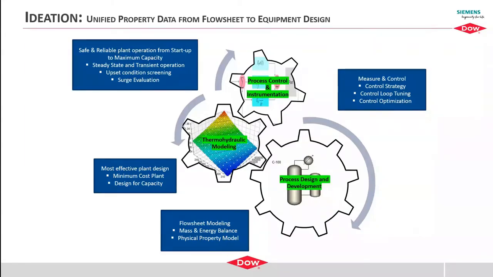We design pumps, compressors, piping systems, and perform safety analysis, such as surge or water hammer evaluation, as well as startup and shutdown calculations on this platform, and some additional control loop tuning and optimization. All this, at the end of the day, hinges of course on physical property data as well.